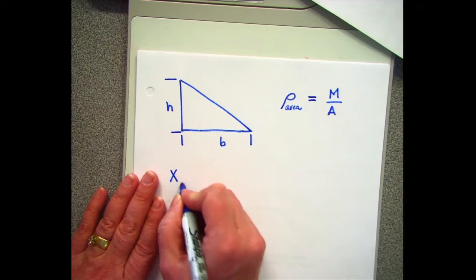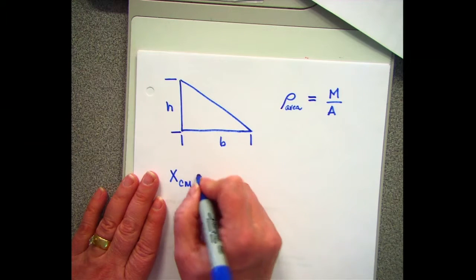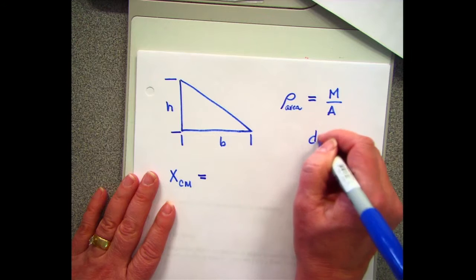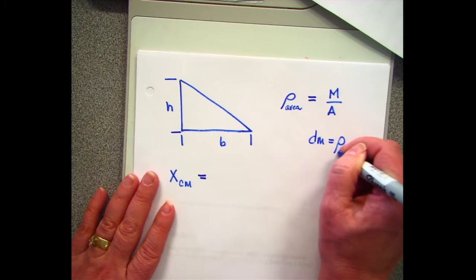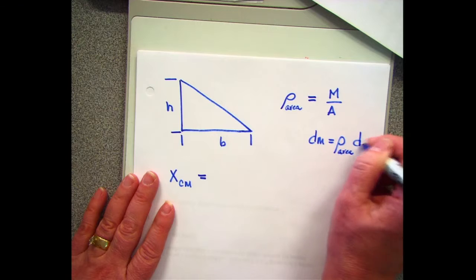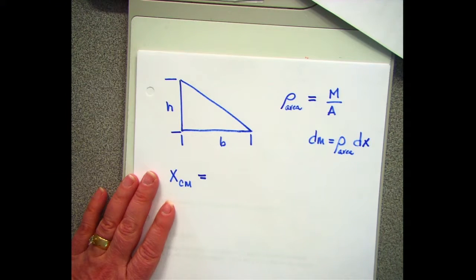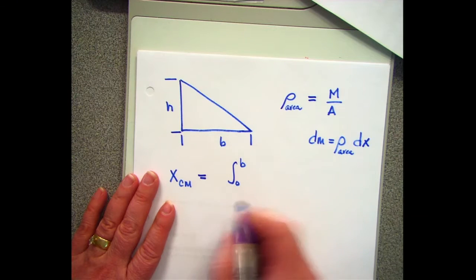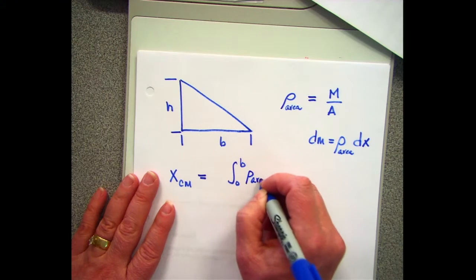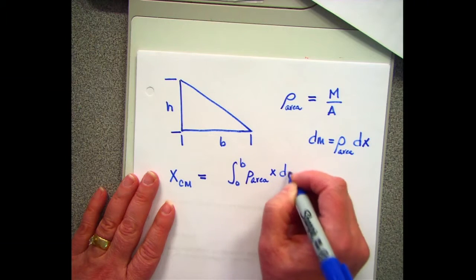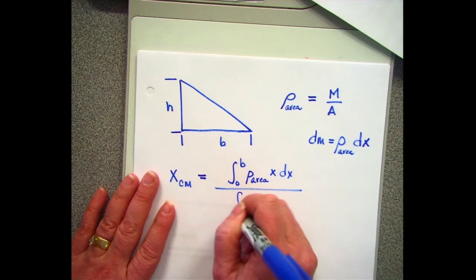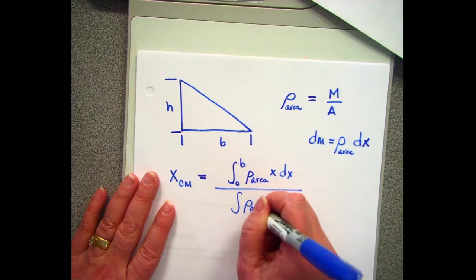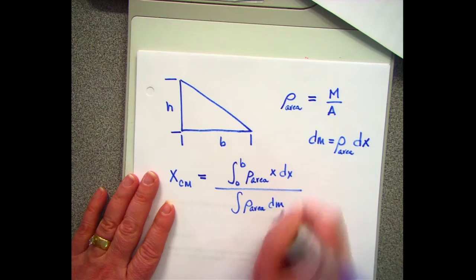So my x center of mass is going to be, my dm that I worry about is going to be my rho area dx. And so I can go from 0 to B, rho area x dx divided by rho area dm.